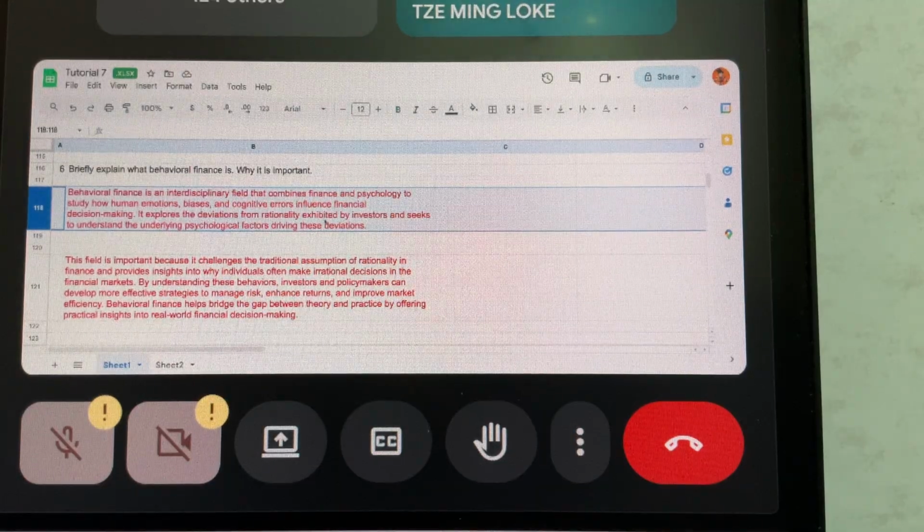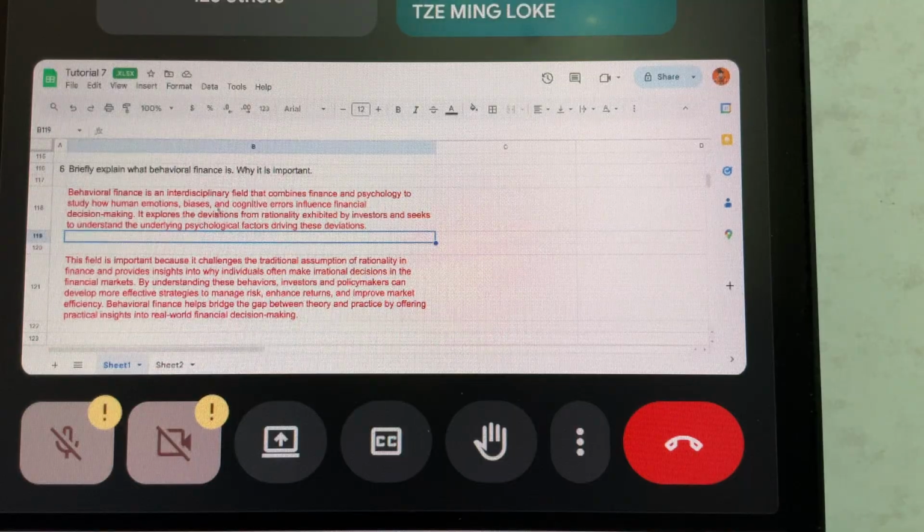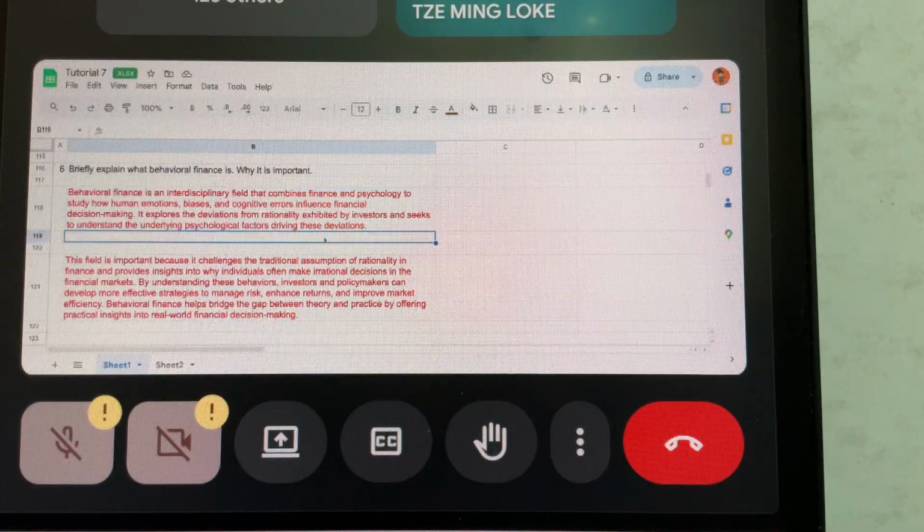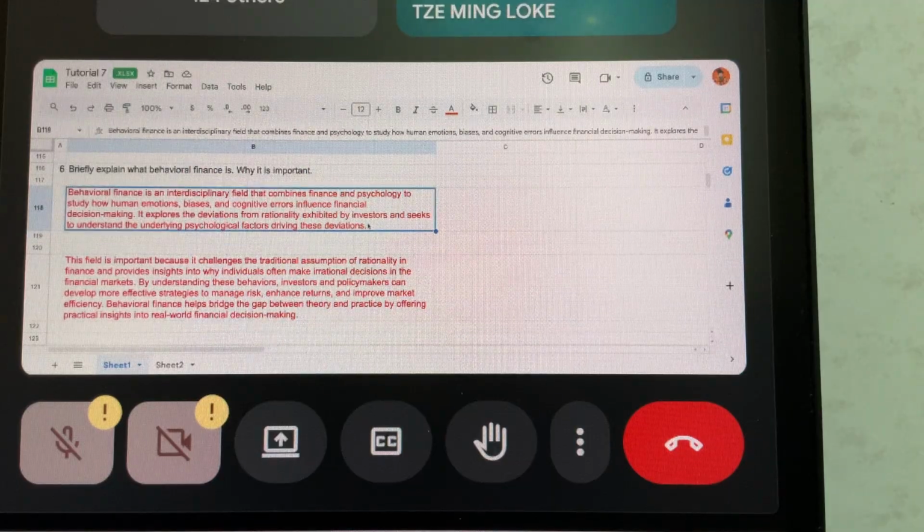Okay, that means it tries to investigate why people behave irrationally. In other words, behave in a weird manner, in a so-called stupid way, when it comes to financial decisions. So it's to understand the underlying psychological factors that drive these deviations.